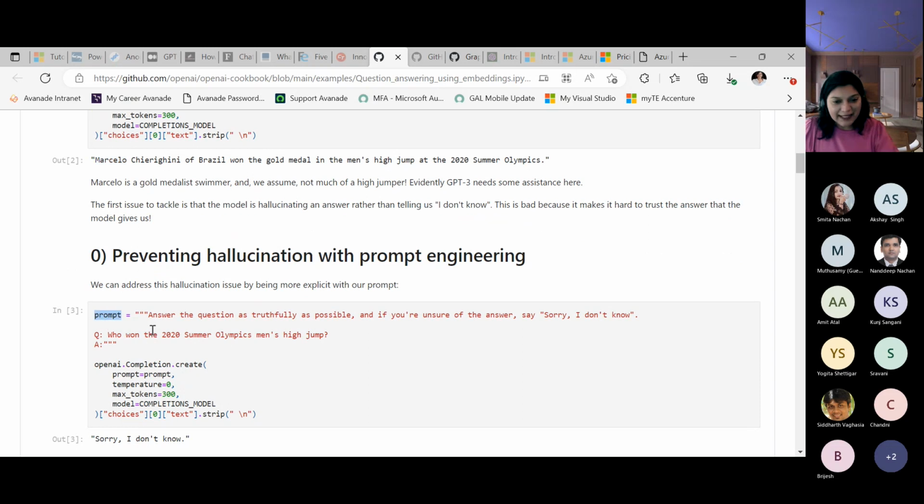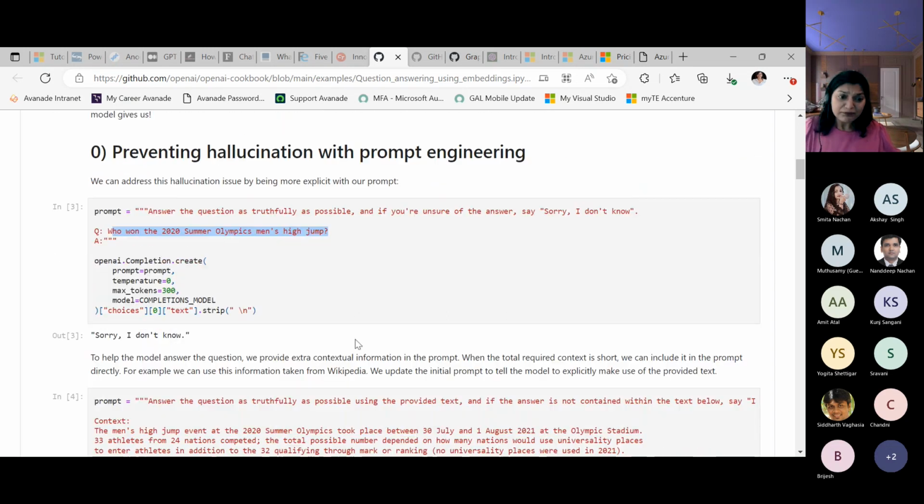My prompt is: answer the question truthfully, and if you're unsure, say sorry, I don't know. This is the instruction as if I'm teaching a human personality, right? As if I'm teaching my own child that, hey, look, don't lie, and if you don't know, just say I don't know. Don't try to assume or guess something. And now with this renewed prompt, I'm asking it a question: who won the Summer Olympics high jump? Then it says sorry, I don't know, right?